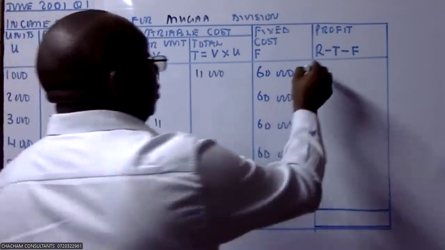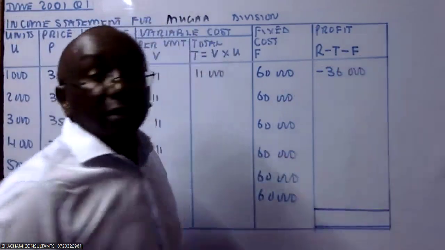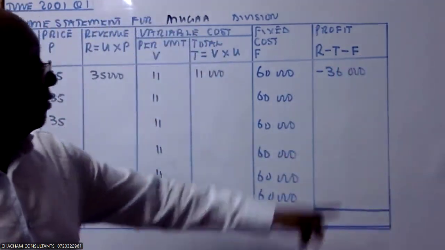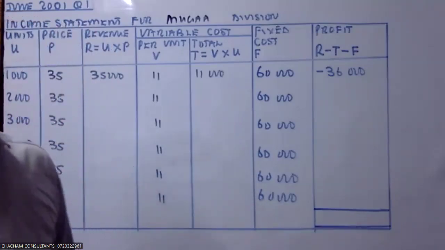So to record the loss of 36,000. So utafanya hivyo for mpaka hapa you get the total. Is that okay?